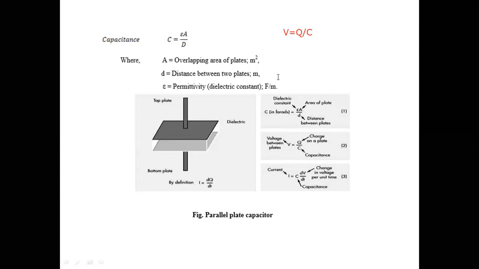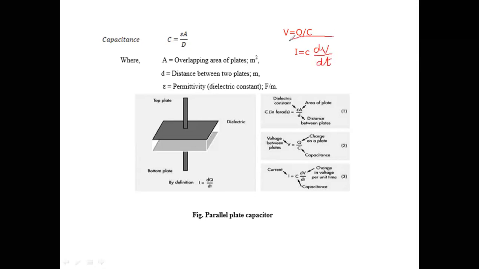And if I want to measure current here, current I equals C del V, or C into dV by dt.